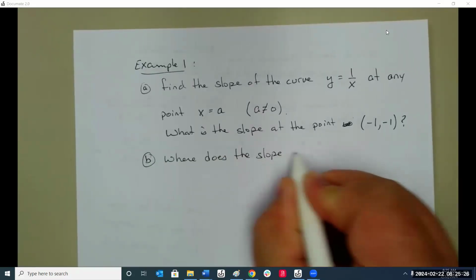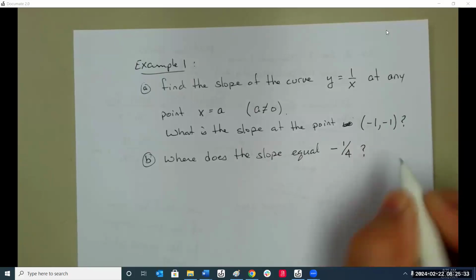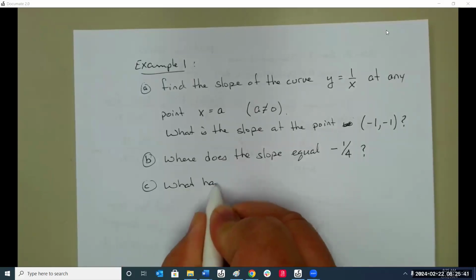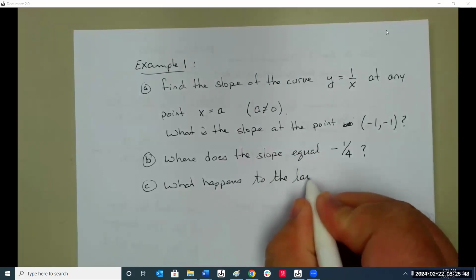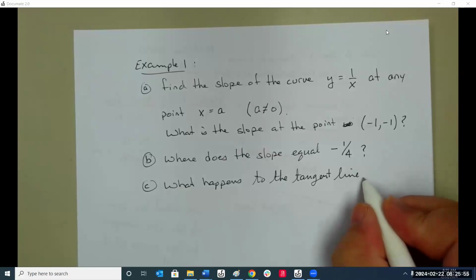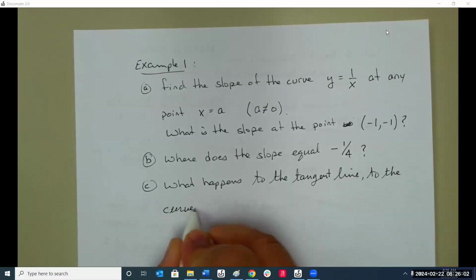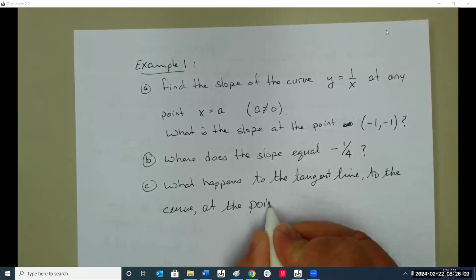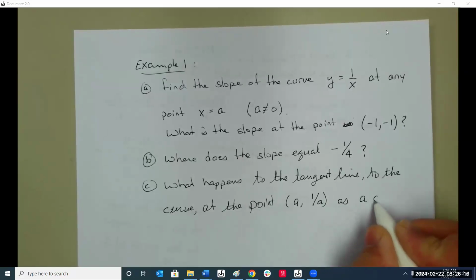Where is the slope equal -1/4? And C, what happens to the tangent line to the curve at the point A, 1/A, as A changes?